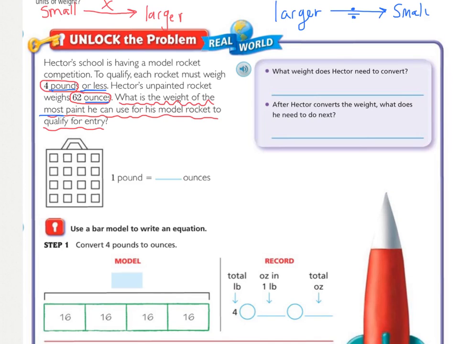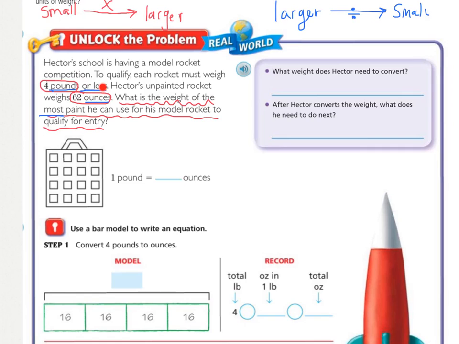Alright, so I squiggle underlined what is the weight of the most paint he can use for his model rocket to qualify for entry. I circled 4 pounds because that's the weight it has to be, or less, and then 62 ounces because that's how much his rocket weighs. The words that I underlined were pounds and ounces, so that we knew we were working with two different weight units.